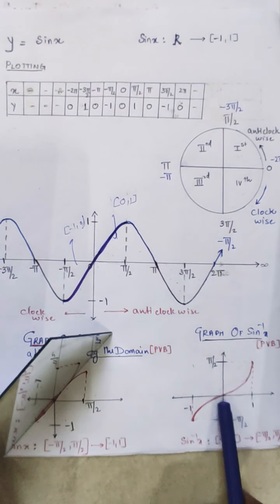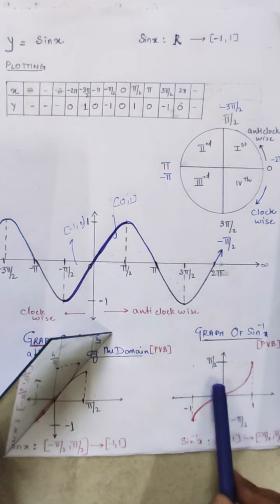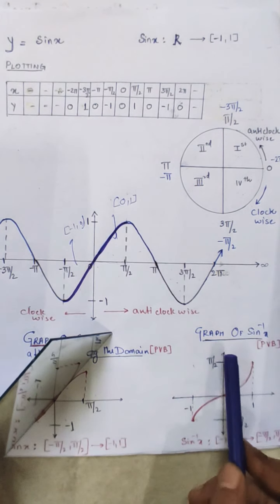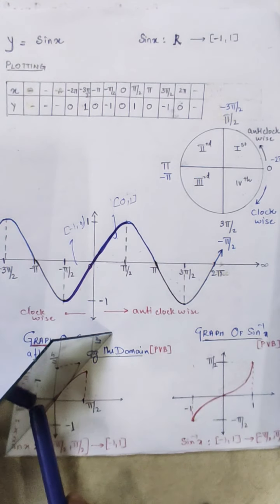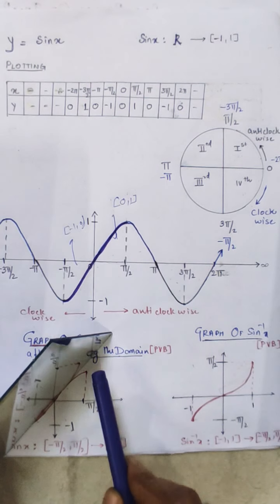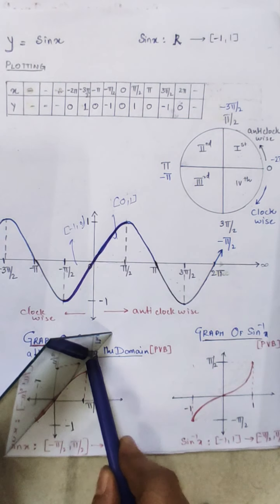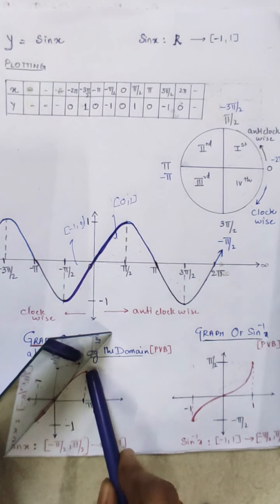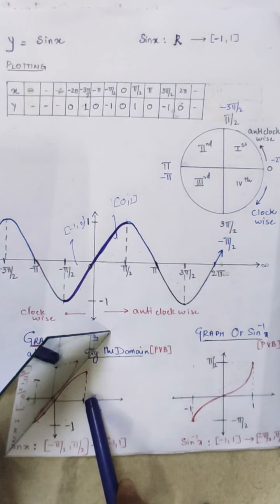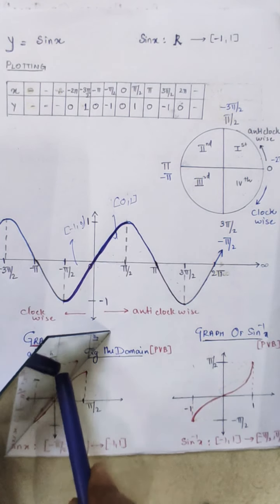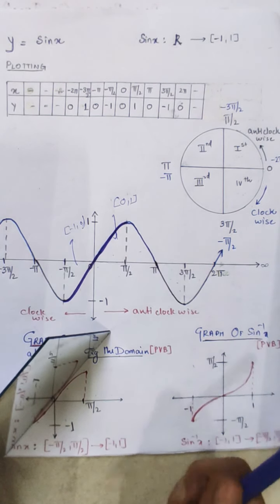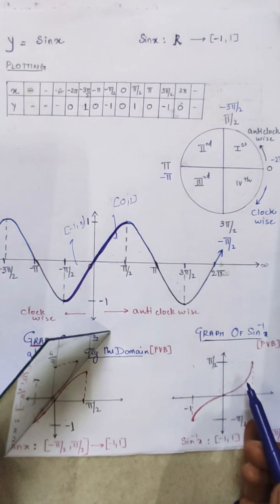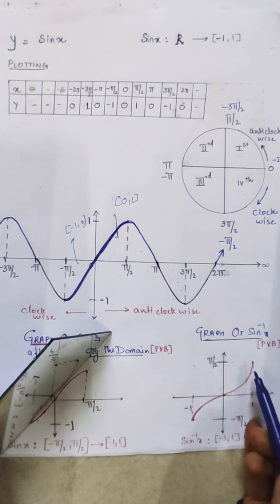Here it is pi by 2, here also we have pi by 2; here it is -1, here it is -1, and the line perpendicular to the x-axis which I have drawn is visible here.